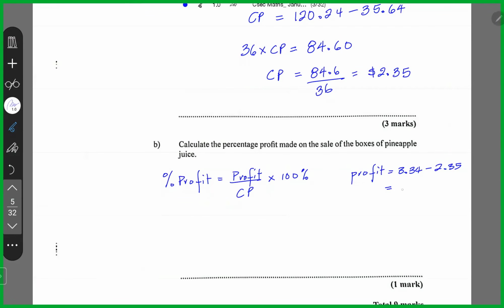And this would be 99 cents. So percentage profit is the profit, which is 99 cents, over the cost price, which is $2.35, times 100%.